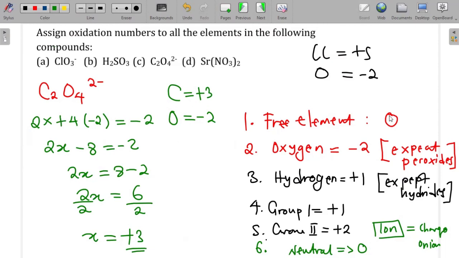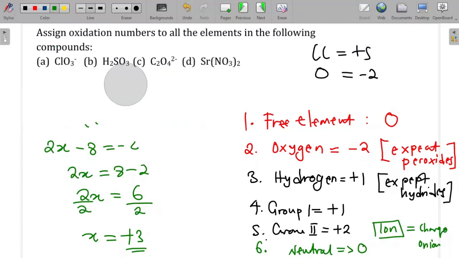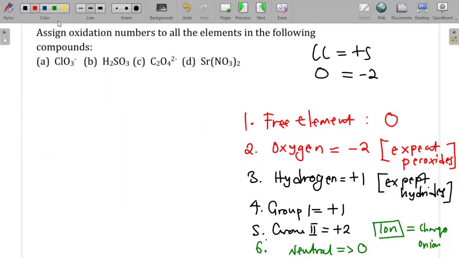Okay, so now let's look at the last one. The last one there is Sr(NO3)2. So here I want to determine the oxidation number for Sr, for N, and for O. So for O, we know.